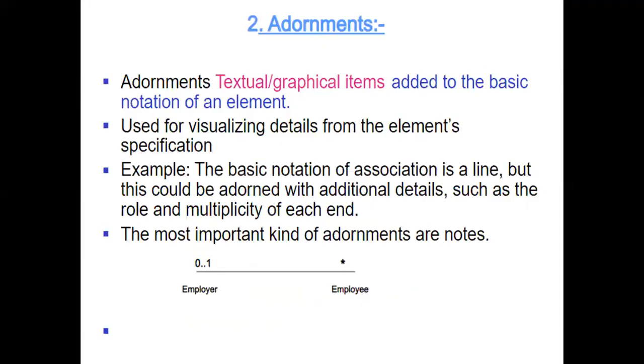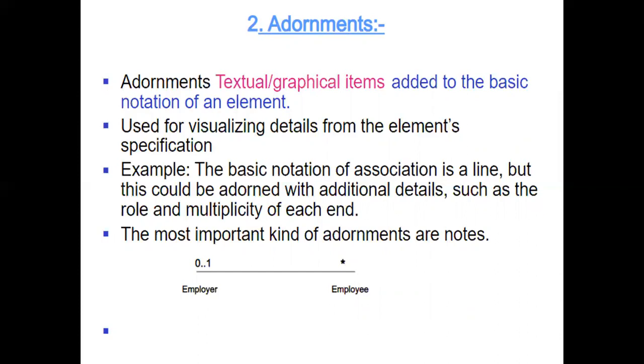Next, second one is adornments. An adornment is a textual or graphical item added to the basic notation of an element. We use it to visualize details from the element specification. For example, the basic notation of association is a line, but this could be adorned with additional details such as role and multiplicity. The most important kind of adornment is notes. Notes are comment lines.